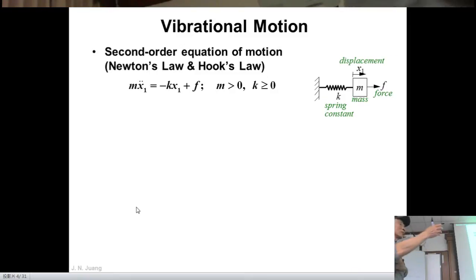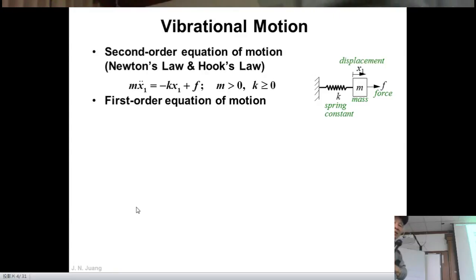The rigid body motion means k equals 0. By Newton's law, for any rigid body motion, if you don't give it any force, it either stays still or keeps moving at a constant speed, right? But if I have the spring k here, then they go nowhere. They won't have a constant speed anymore. You let it go, right?